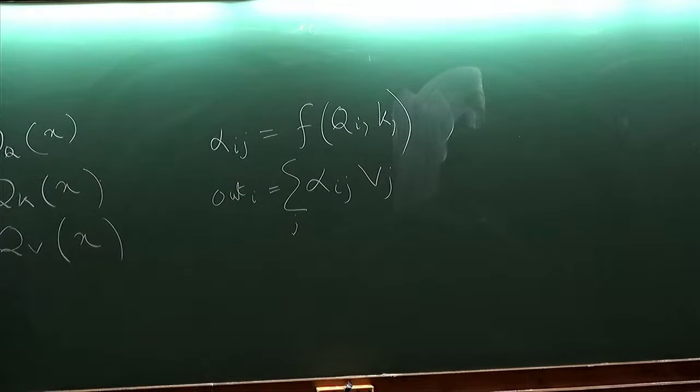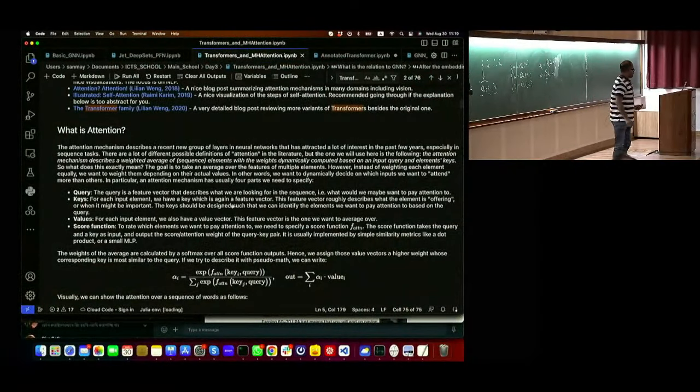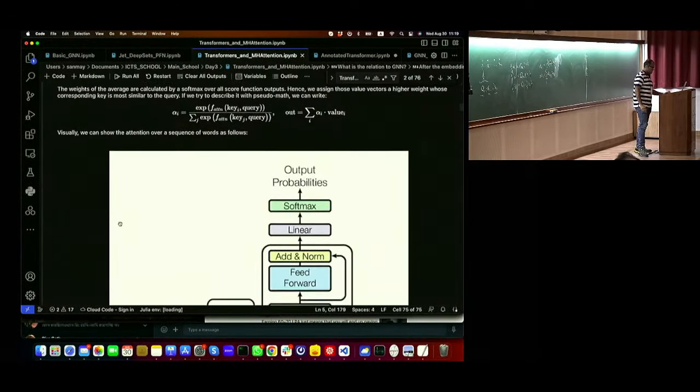So you combine the information by creating some attention score and then multiply by the value to get the total output. Okay, so we will see how to code that up now.